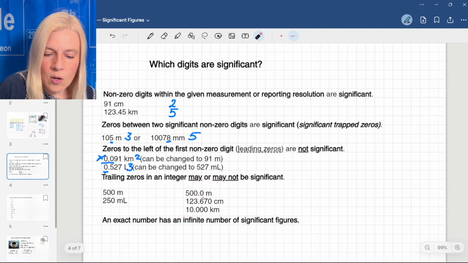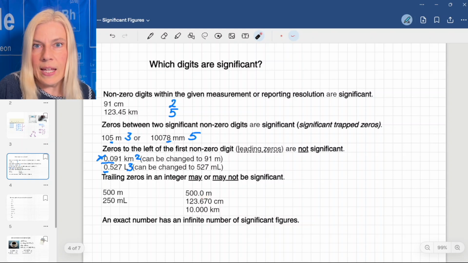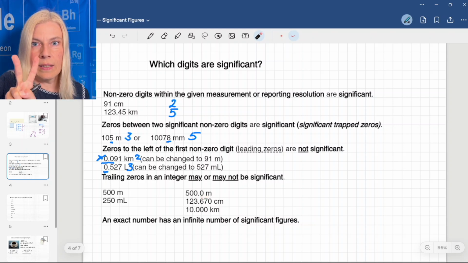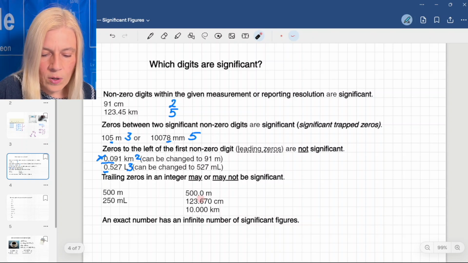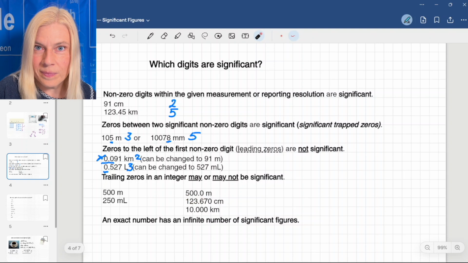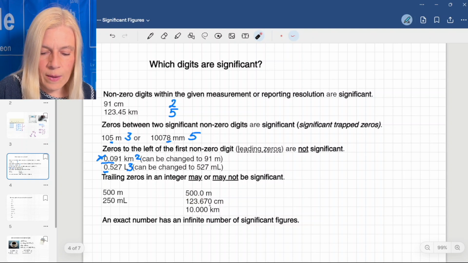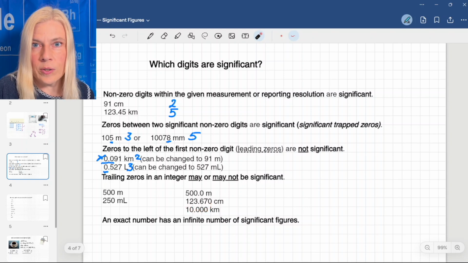If you have a 0 at the end, it has to satisfy two things. It has to come after a decimal and after a number. So a 0, one more time, that comes after a decimal and after a number is significant. That's when zeros are significant. Otherwise, they are not. It's going to be an estimate.